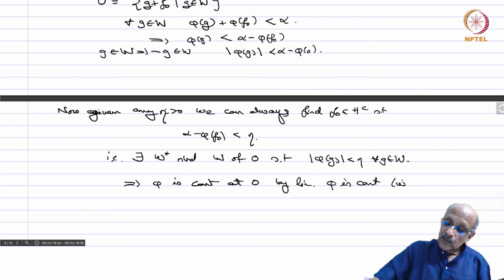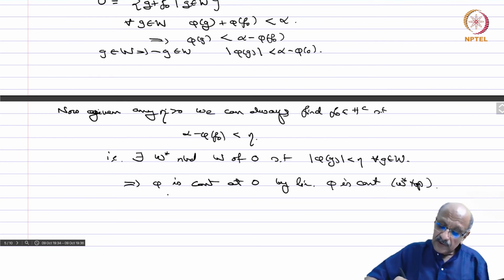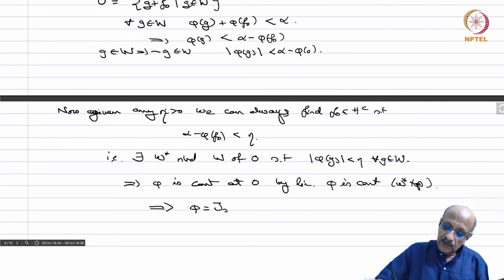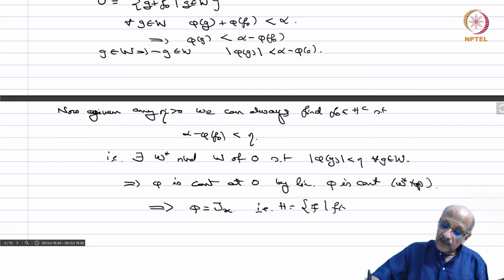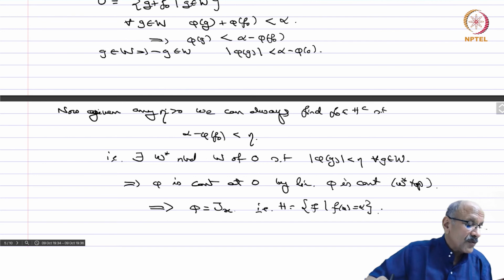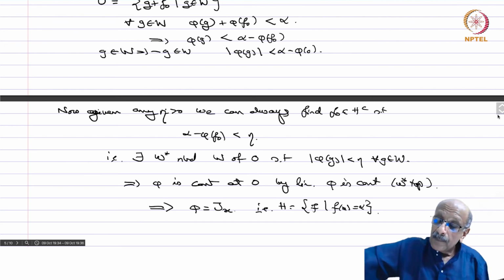This is in the weak star topology. So phi is a continuous linear functional in the weak star topology, and by the previous proposition phi has to be equal to jfx, that is H equals set of all f such that fx equals alpha. Okay, so that proves the theorem completely.